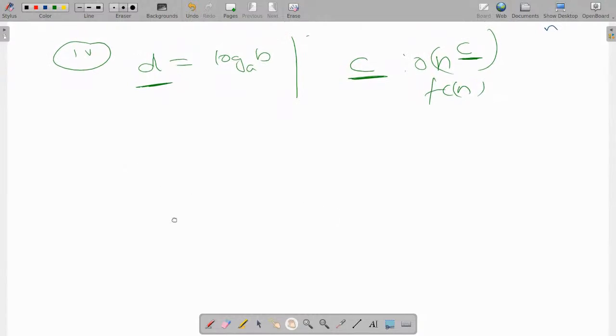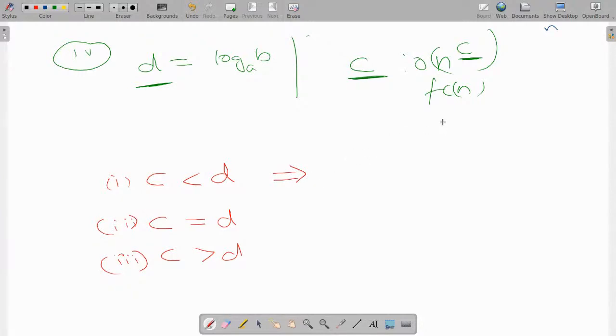The relations are this c can be less than d, this c can be equal to d, this c can be greater than d. Only these three conditions can prevail.